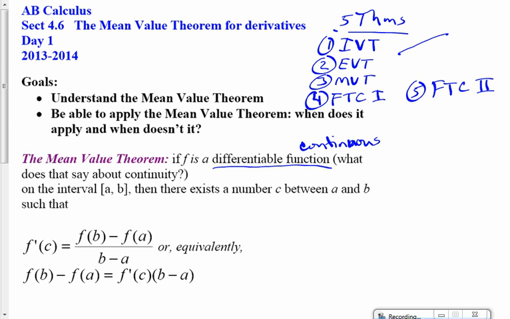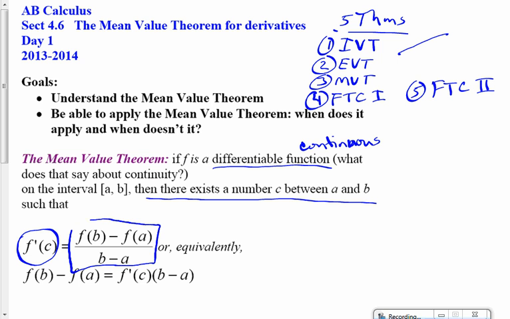On the interval, there exists a number c such that the slope of the function at the curve is equal to, what is this thing that I'm putting a rectangle around? A really badly drawn rectangle. What is that thing? That is not the derivative. It's pre-derivative.